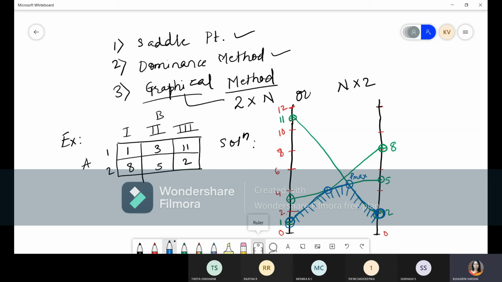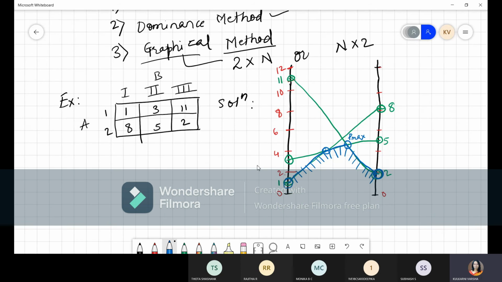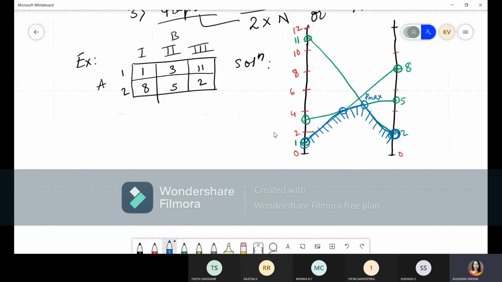So once we get this P max, what we need to do? We have to find which 2 lines generate this P max. This is nothing but the intersection of this line and this line, right? That means that point is the intersection of 2, 11, which is this line, and 3, 5, which is this line.